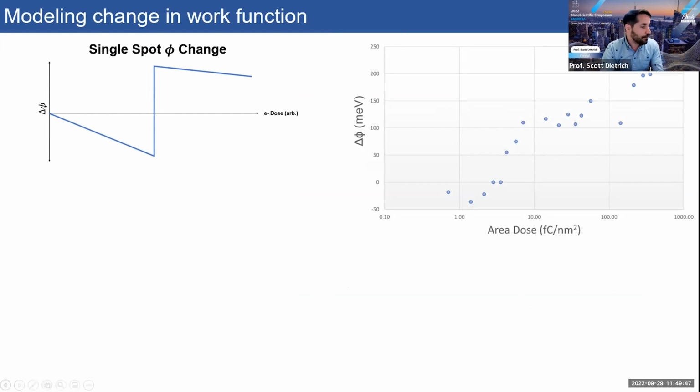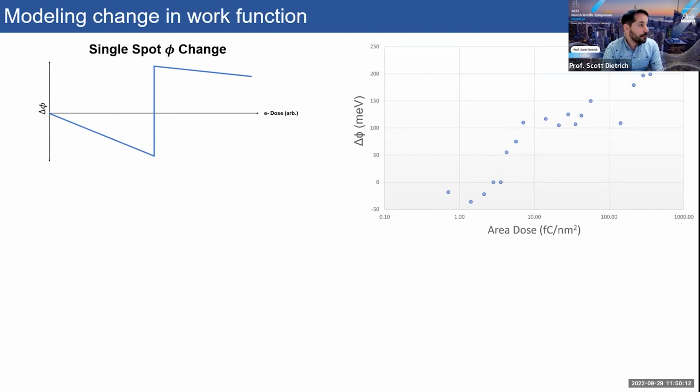And now we want to understand that the work function change is happening in the MoS2. Can we model it? We're not looking at a single point. So this is the work function change we'd expect for each of these metallic islands, but that's not really what we're measuring. We are using an AFM tip that's around tens of nanometers wide, and our little islands are being written by a beam that's 3 nanometers wide.